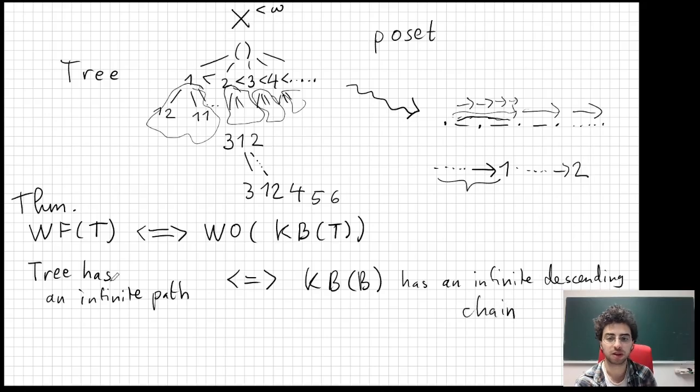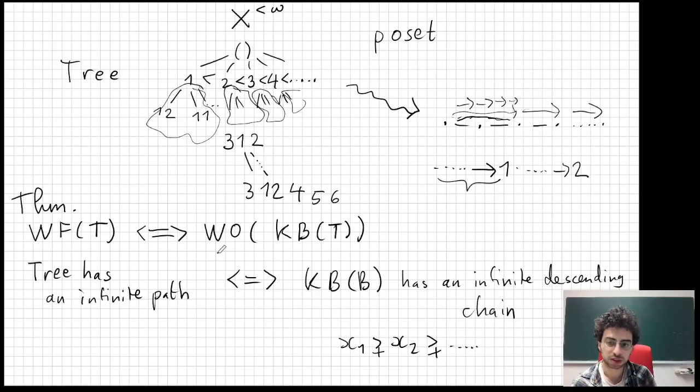So an infinite path in the tree is of course a path where we start anywhere, and we can descend infinitely far. Any linear order having an infinite descending chain just means we have x1 smaller than x2, x2 smaller than x1, and so on, infinitely far, with no equality at any point.